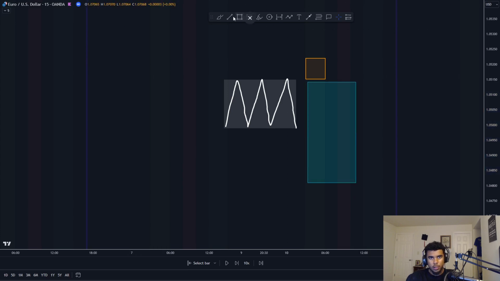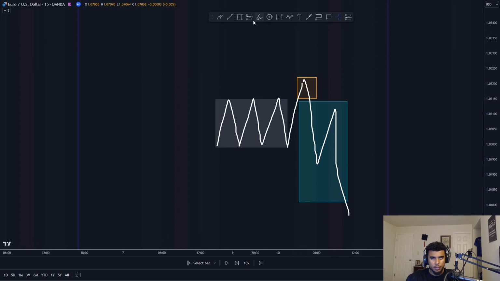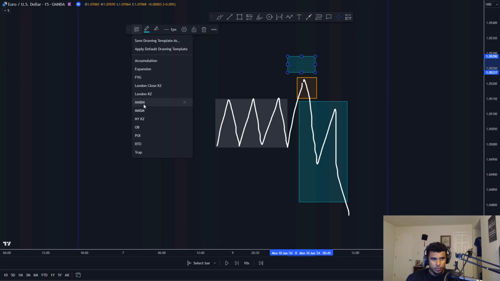Boom. Where price comes up, comes down, New York, and then comes down. It comes down in London and it comes down in New York. This is the model that I want you guys to learn.